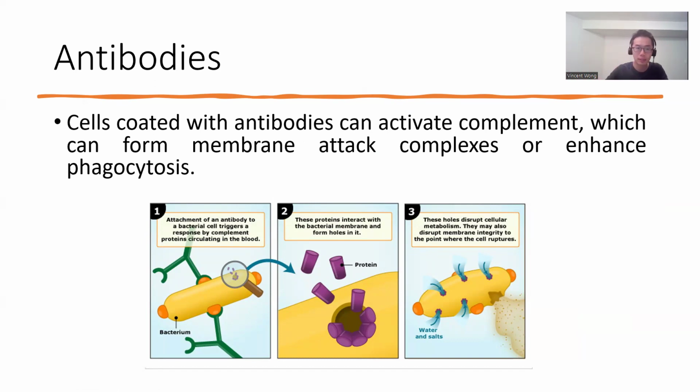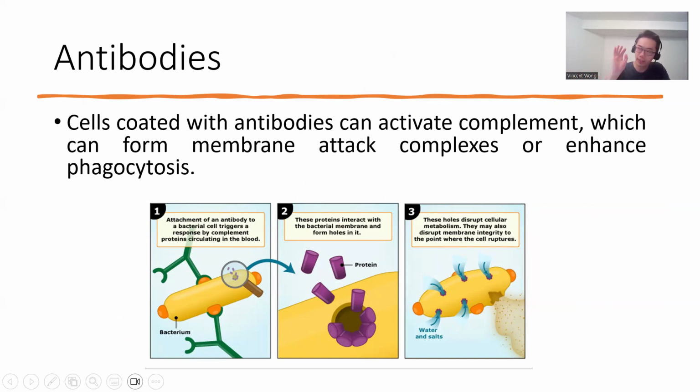They punch holes in the bacteria. So the point I'm trying to make is that the adaptive immunity and the innate immunity don't work in isolation. Many times they feed back on each other and strengthen each other. They help enhance each other. Okay, so that's what antibodies are for.